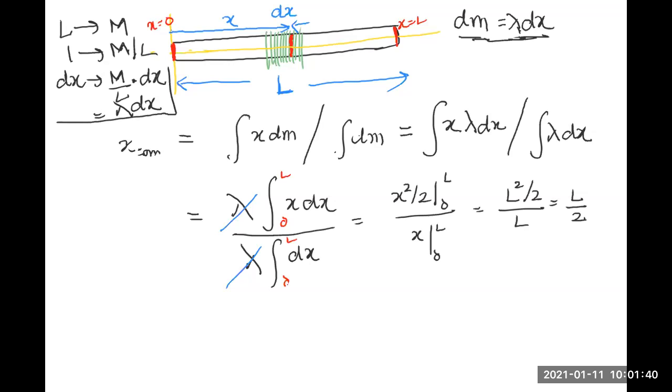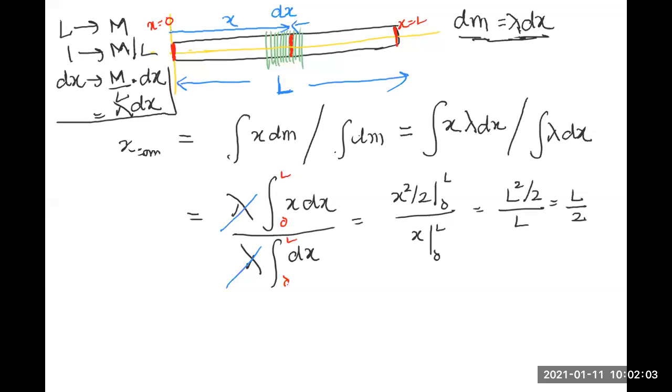The next step is to locate this element, and to locate this element, all you do is consider a variable from one end of the object. In this case, from one end of the object. In other cases, from some other fixed point.